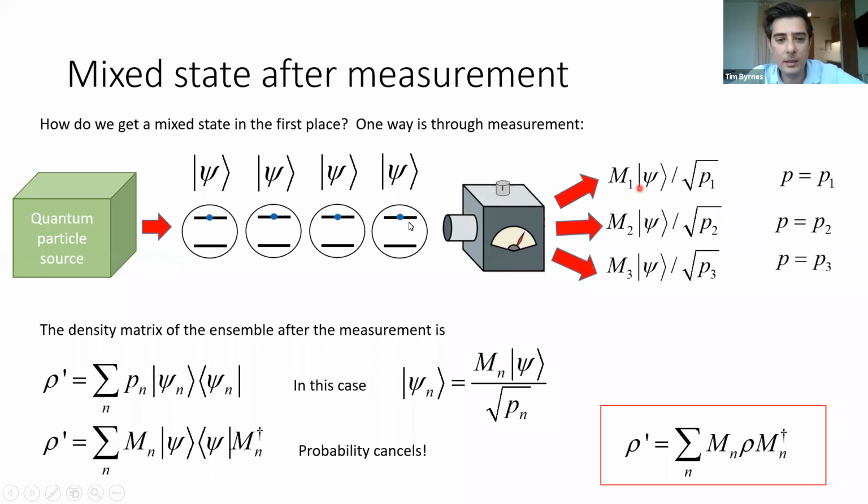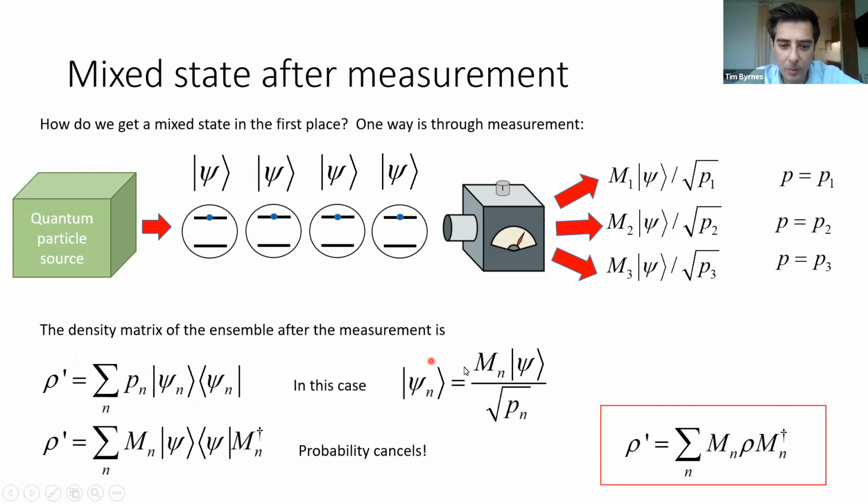So we can find the density matrix by looking at what the state is for each case and then multiplying by the probability of each of those measurement outcomes. Here's measurement outcome 1, where we start with the state psi, and here's measurement outcome 2 and 3, but those occur with some probabilities. So in general, here are the states that we get on each particular measurement outcome, but then we need to average over them with the associated probabilities.